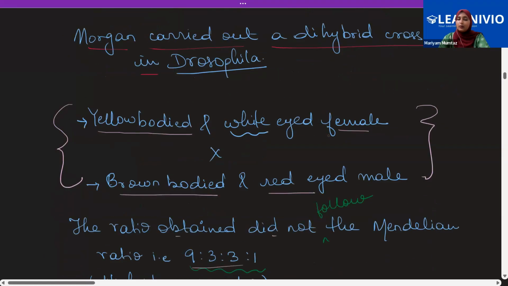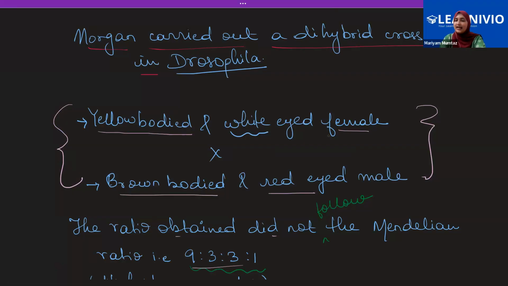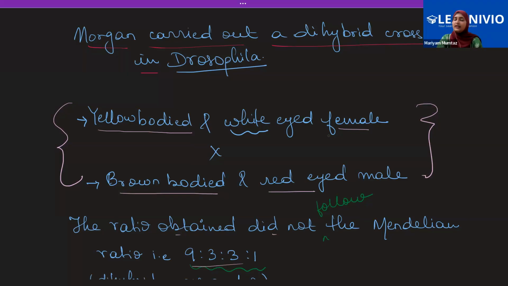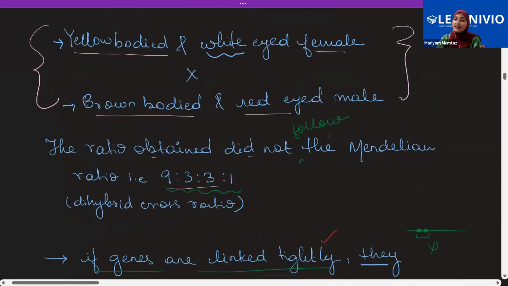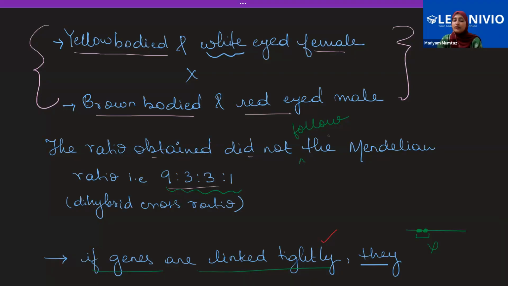He crossed the yellow-bodied and white-eyed female Drosophila with the brown-bodied and red-eyed male. The ratio at the end of the dihybrid cross was very different from 9:3:3:1, meaning it did not follow the Mendelian dihybrid cross ratio.